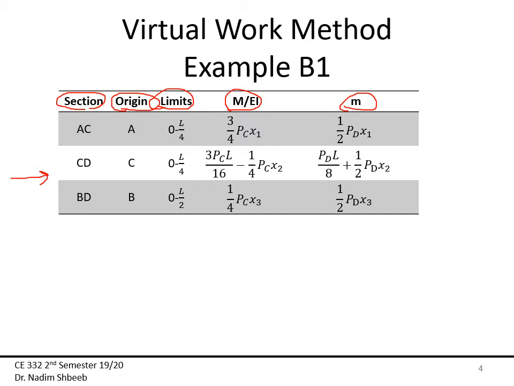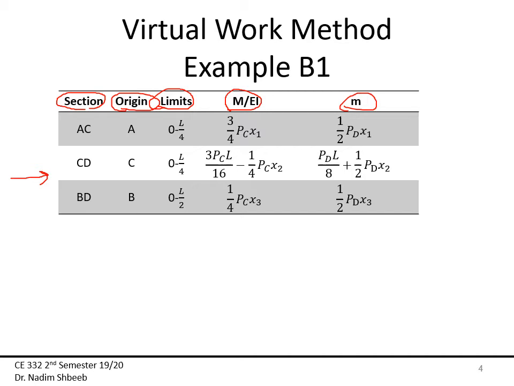One of the things that I do care about is when we do this, again, same origin, same limits, same sense of positive direction. So if you chose your moment clockwise to be positive, then it has to be positive for all.